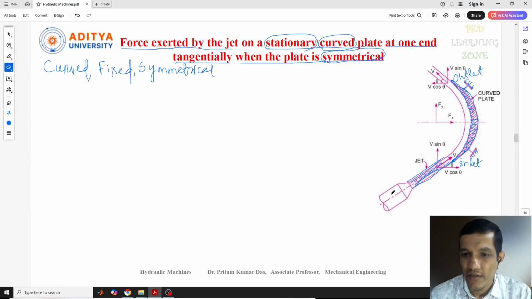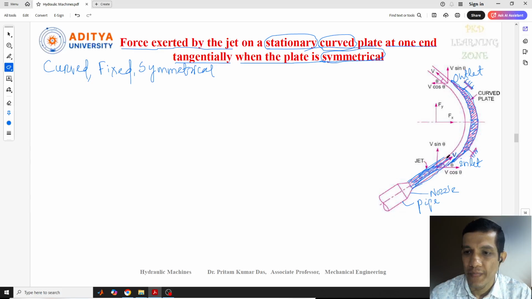Now, this is the normal pipe through which the fluid is flowing, and this is the nozzle, and from this nozzle the water comes out with a jet speed. The velocity of the jet is v.